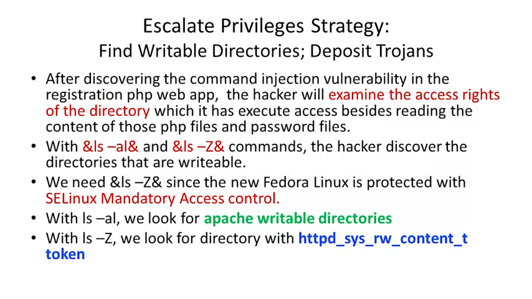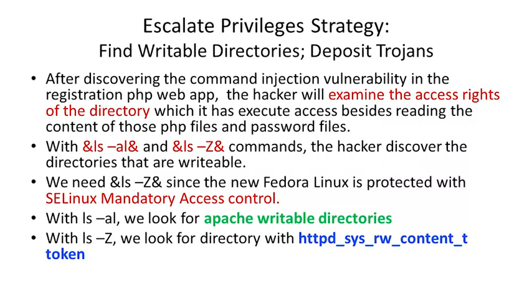Because a typical Linux system like Red Hat or Fedora Core operating system uses Secure Linux, which has a special mandatory access control, we need to use ls -Z to list it.